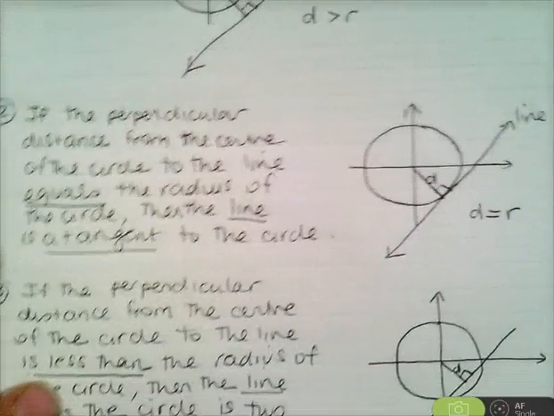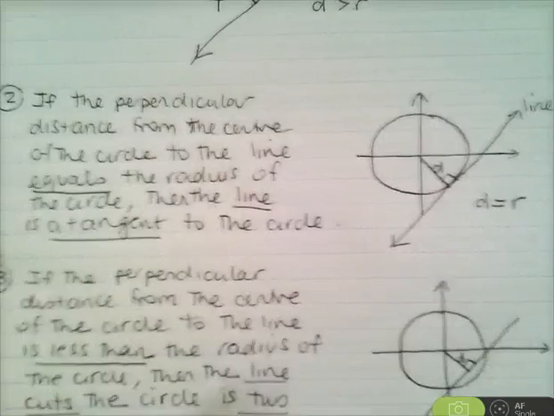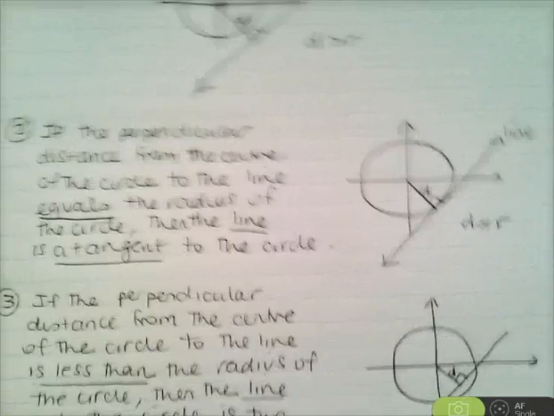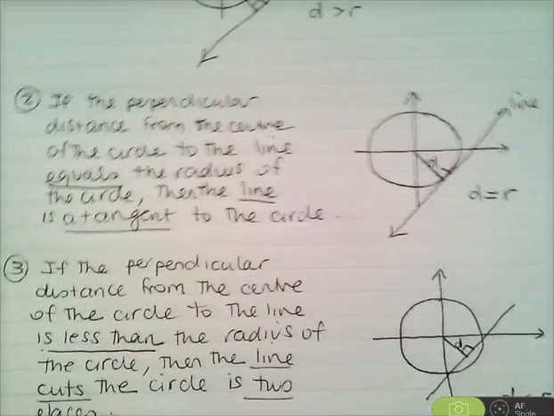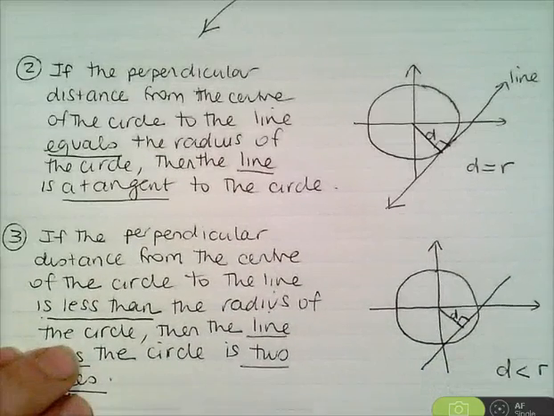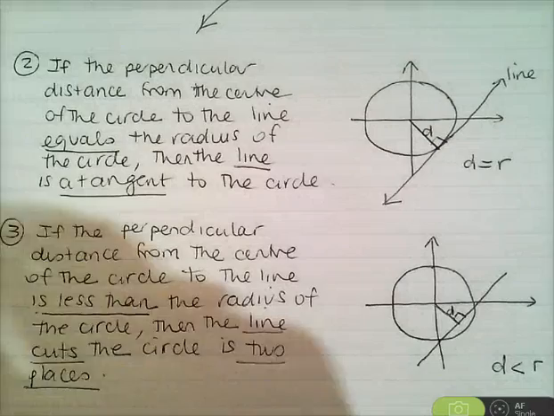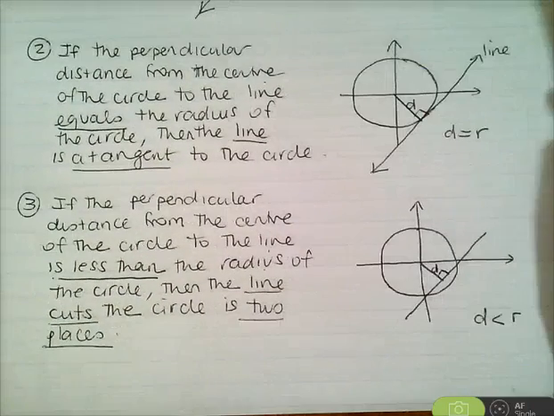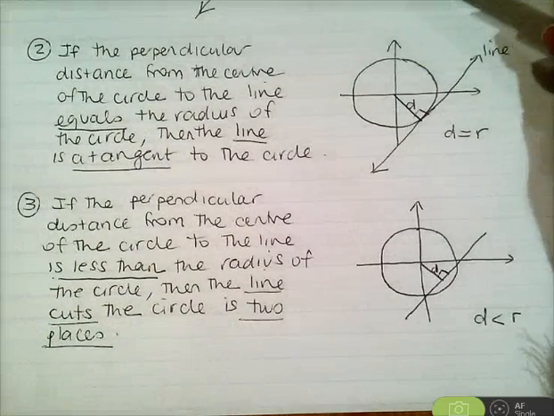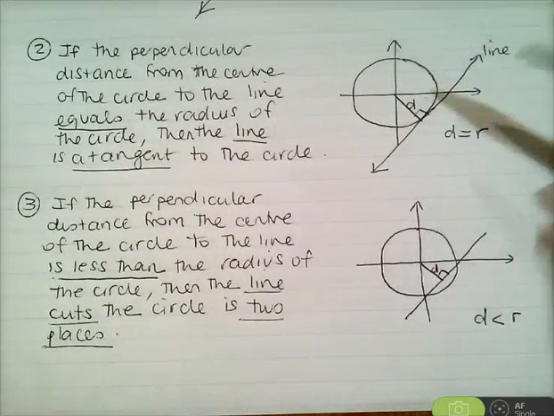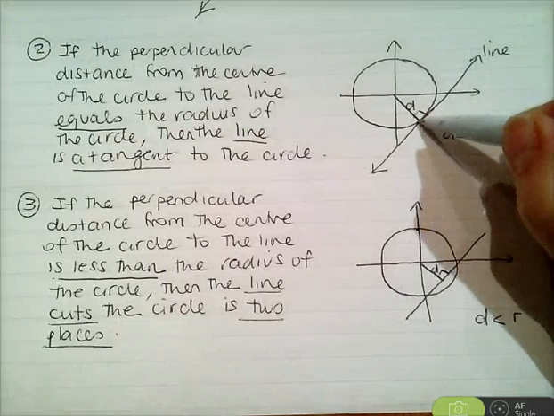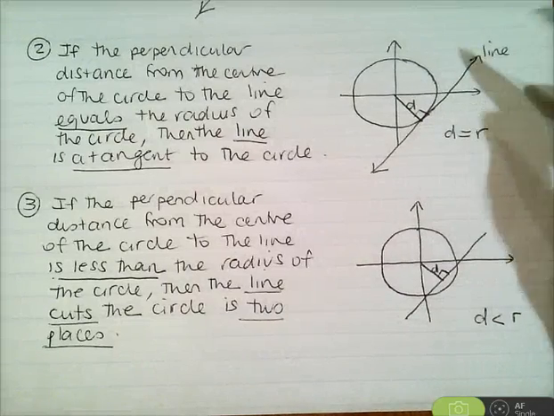The second possibility with a circle and a line, I'll just focus this so that you can see the next 2 possibilities. So the first possibility was that the line does not even cut the circle. The second possibility is that the line is actually a tangent to the circle.